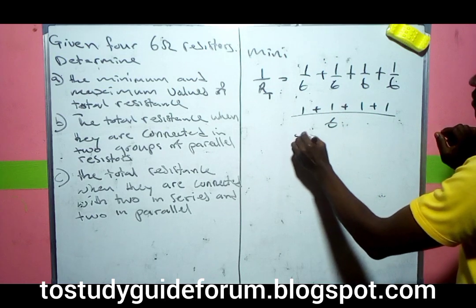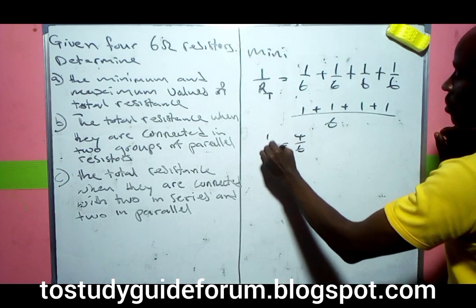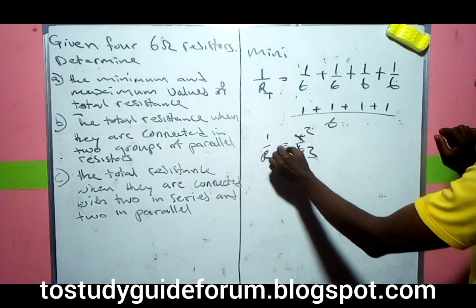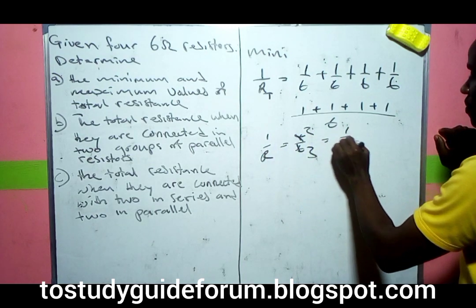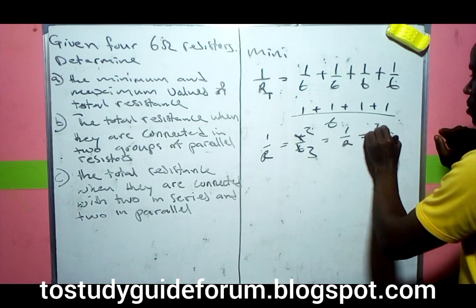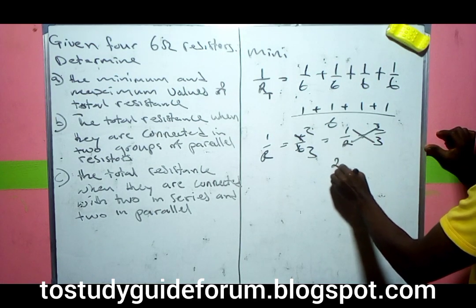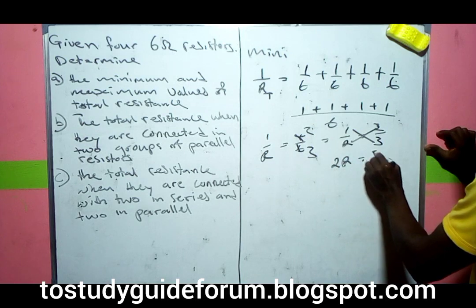Add up together, we have 4 over 6, so 1 over R total equals 4 over 6. This simplifies to 2 over 3. Crossing over, we have 2R equals 3.